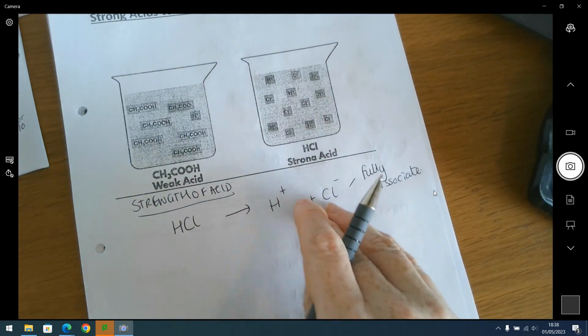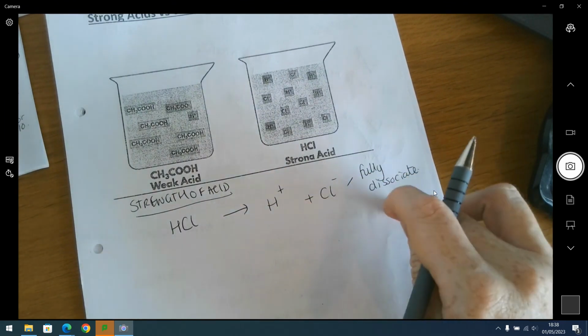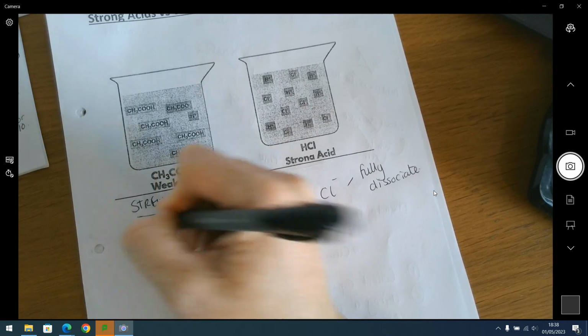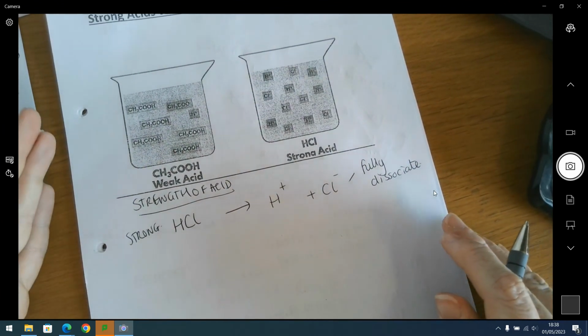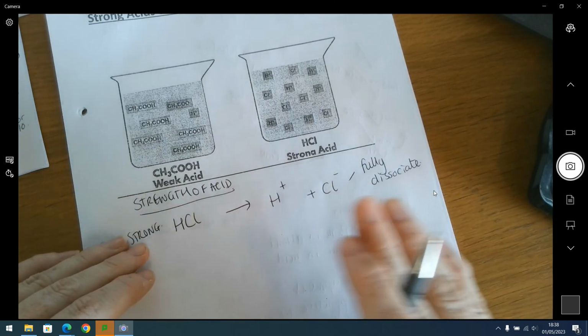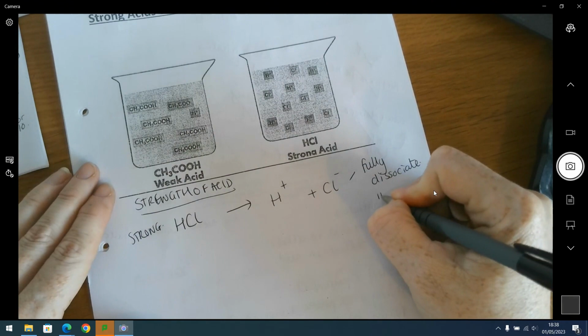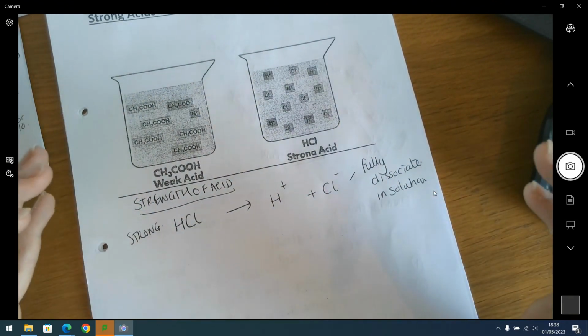In other words, they fully came away from the chloride ions, and that's what makes an acid strong. So when I'm asked to define what is meant by a strong acid, I am saying the hydrogen ions fully dissociate in solution. So they fully break apart.